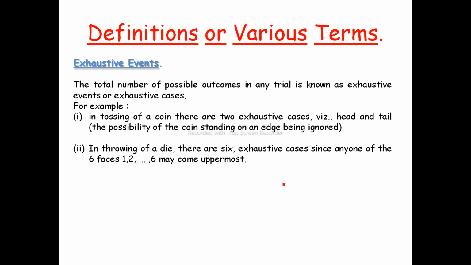We know on a die we have 6 faces, and whenever you are about to throw a die, there is a possibility of 6: 1 or 2 or 3 or 4 or 5 or 6. Anything can come. The maximum number of possibilities are known as exhaustive events.